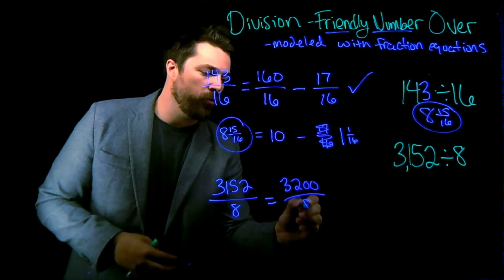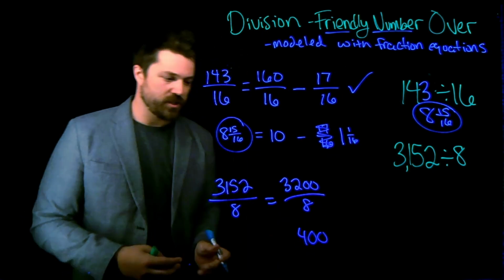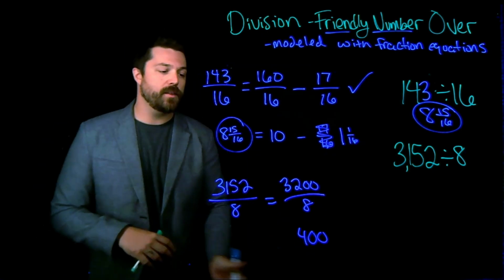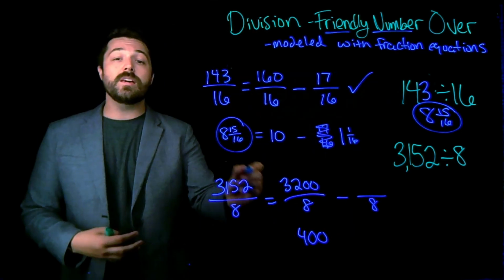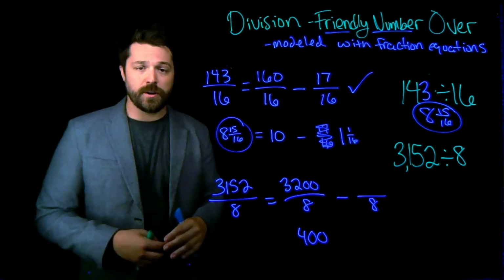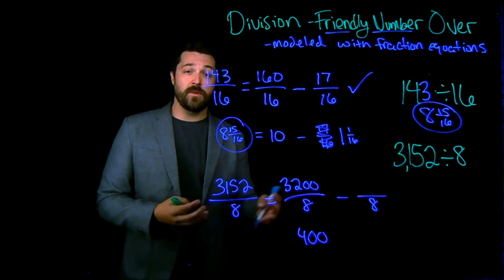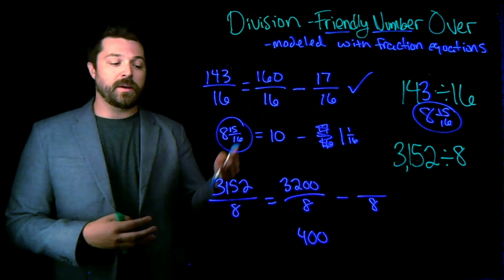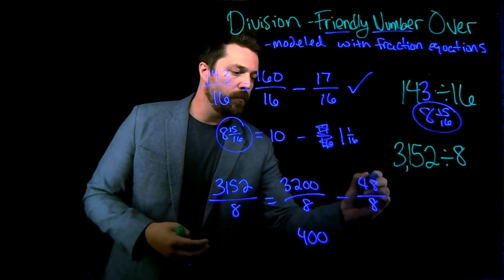3,200 over 8, which I know is going to be 400. So again, friendly number to work with, minus something over 8 so that it can be equal to the expression that we started with. So it can be equal to this fraction here. So I just think 3,200 minus what gives me 3,152, and that would be 48.